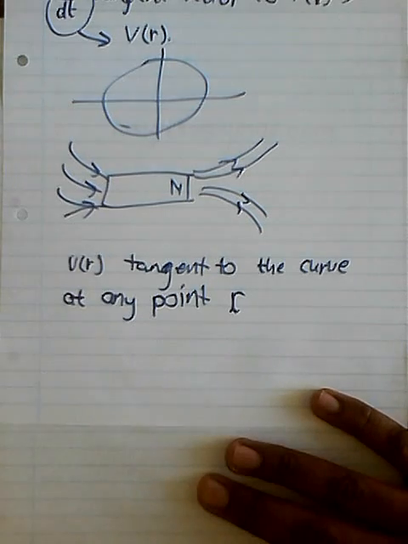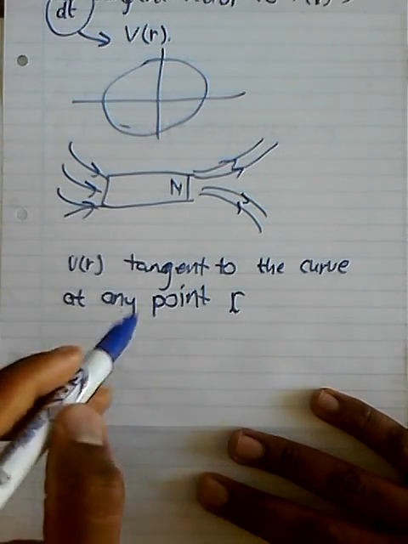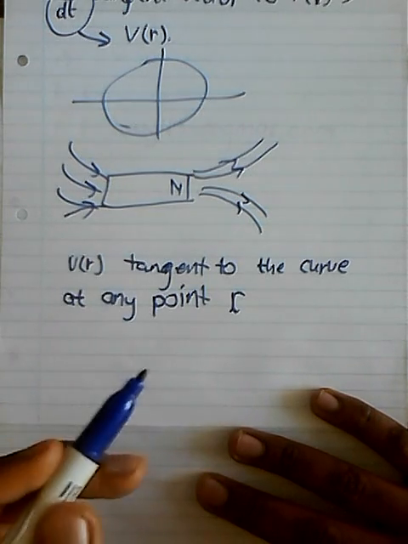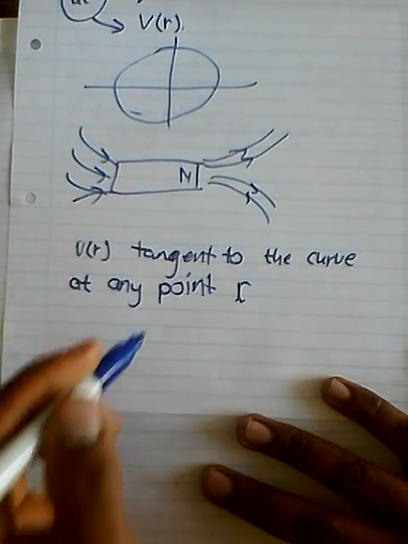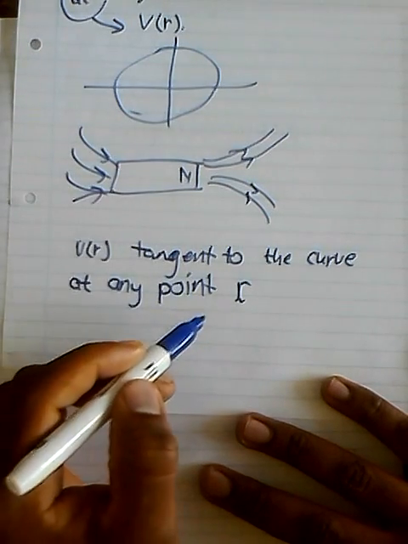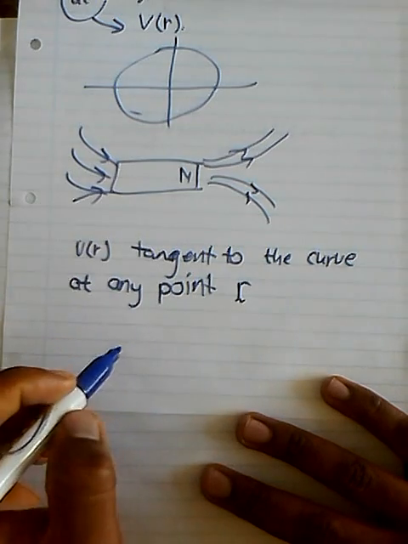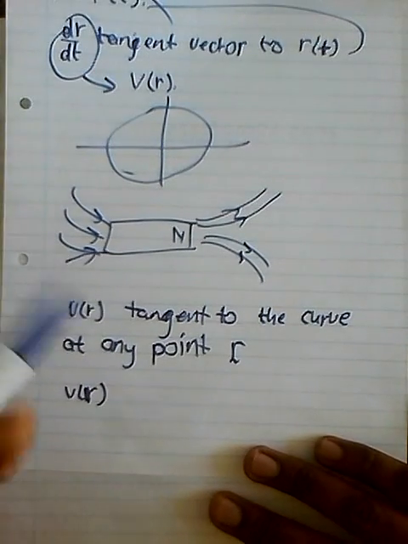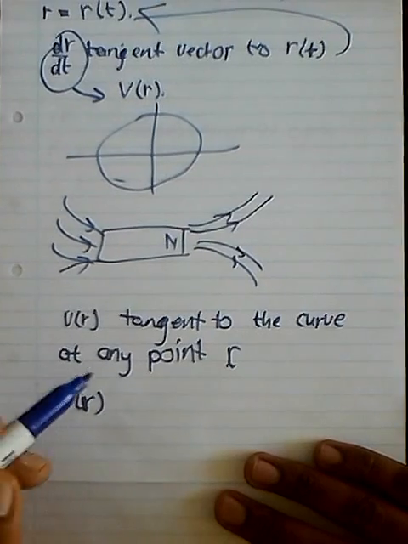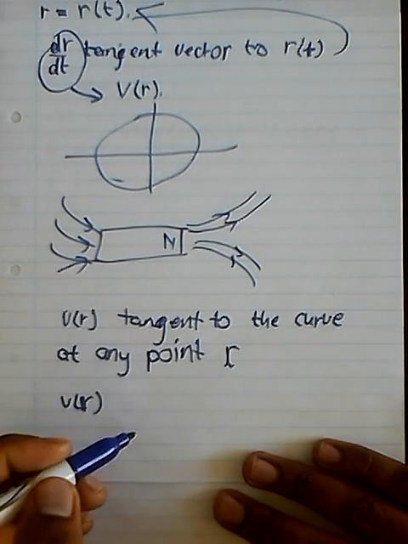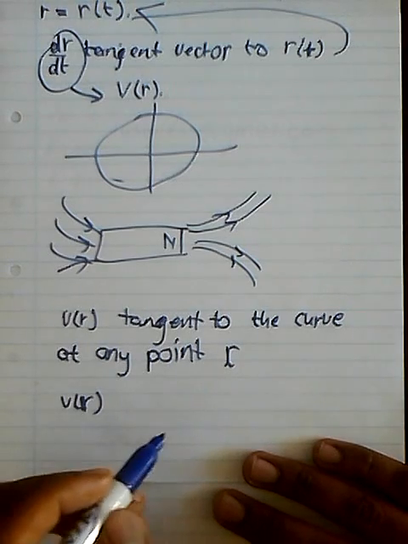We have to determine the direction of this field, because they are vector fields, right? So we need to determine the direction of that curve. To do that, we use v of r, which is our first derivative, to determine the orientation of the field by inserting arrows on their trajectories.